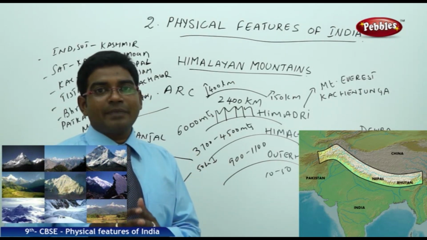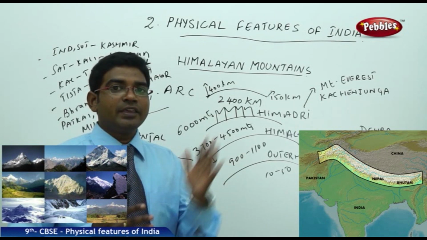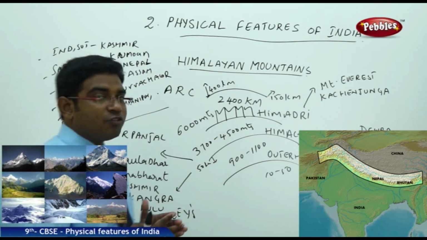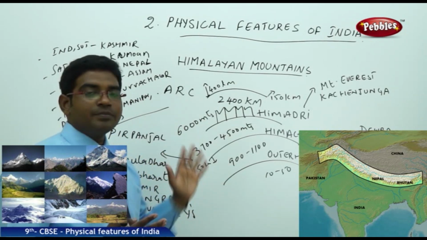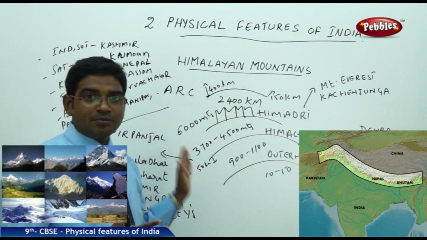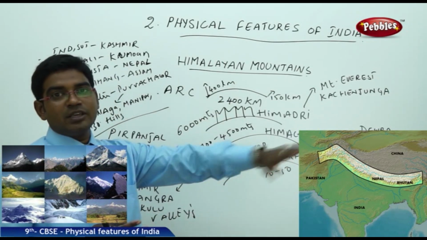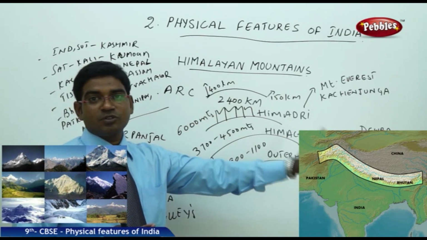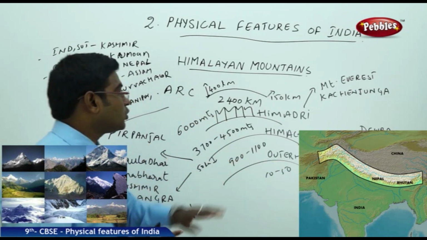Now, the first major one, the Himalayas. The Himalayan mountains are stretched in the form of an arc from the west to the east. The arc runs from the Indus River towards the Brahmaputra River, with varied shapes and lengths. So, let us look into detail.